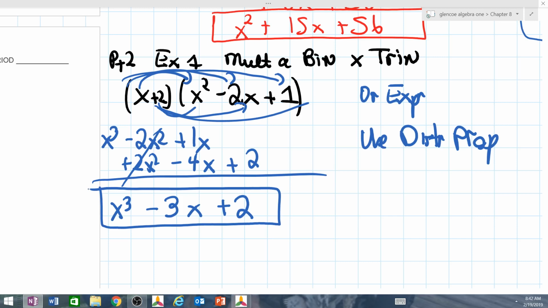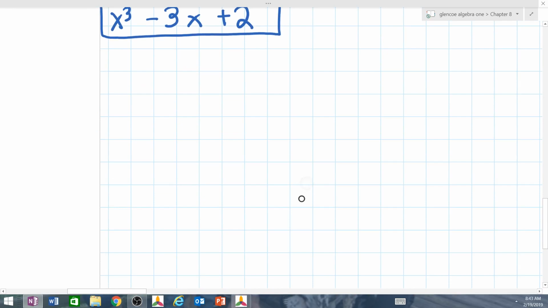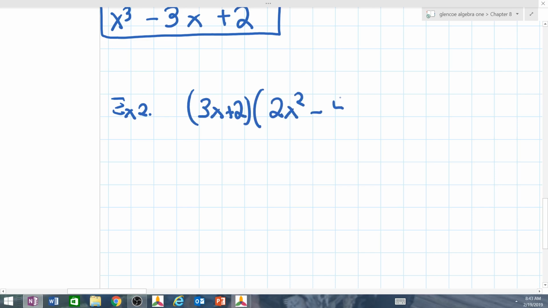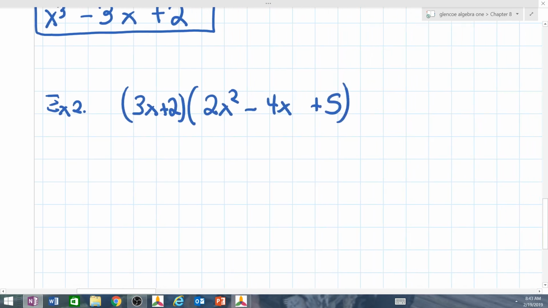All right, let's try the one that's in the notes, which would be 3x plus 2 times 2x squared minus 4x plus 5. This one I'll go ahead and perform horizontally for you so that you can see everything.